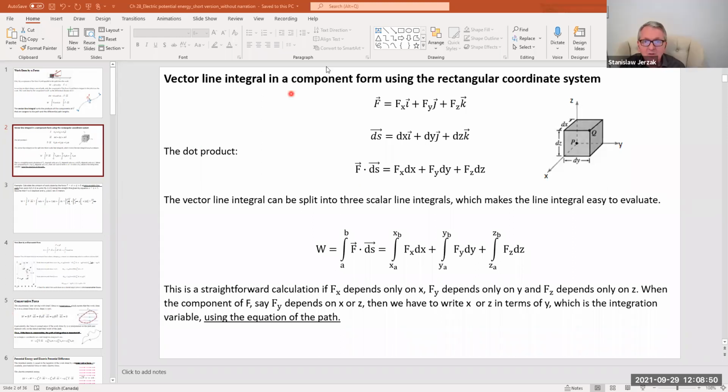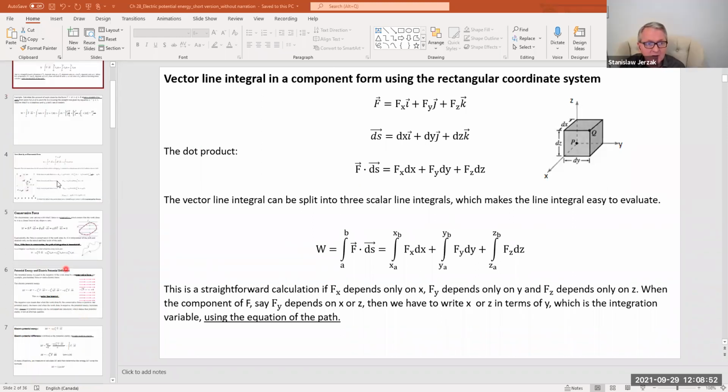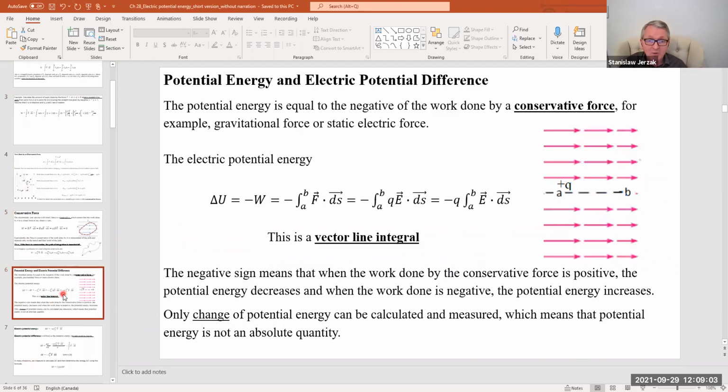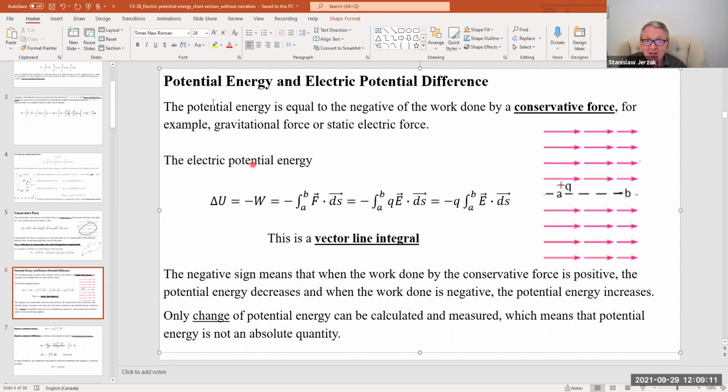Okay, so I'm going back to my slide. That was the explanation of the meaning of the conservative force, a very crucial concept. But now, once you understand how to calculate work and what a conservative force is, I would like to define electric potential energy.